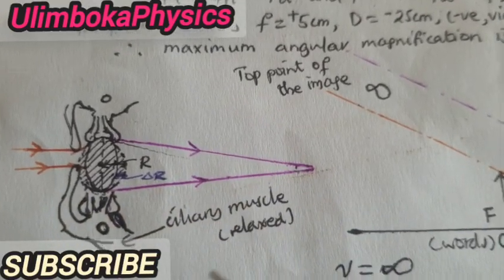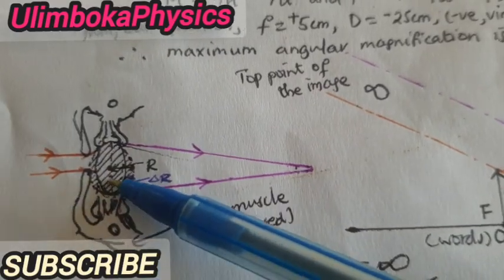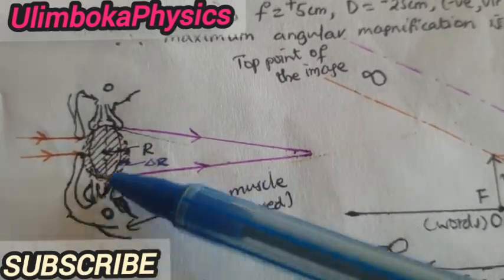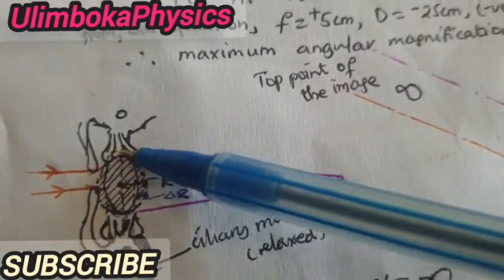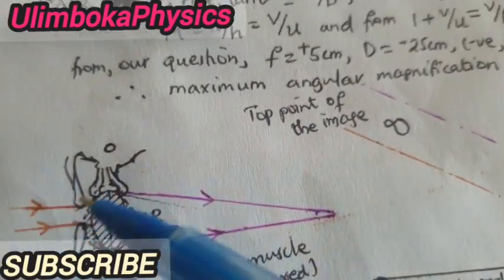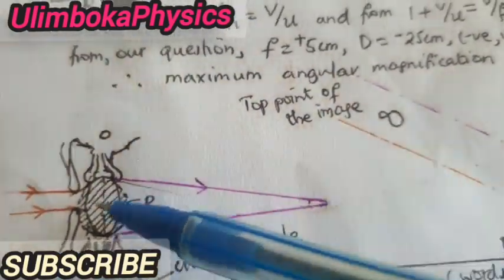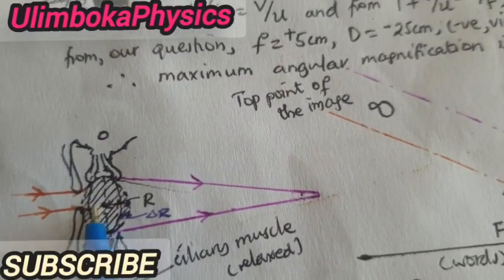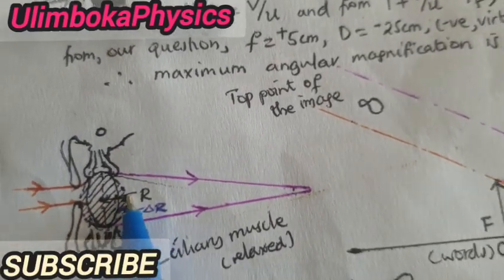After relaxing, the eyeball is pulled and stretched. Therefore, the curvature of the eyeball is decreased, as you can see that its radius is decreased.